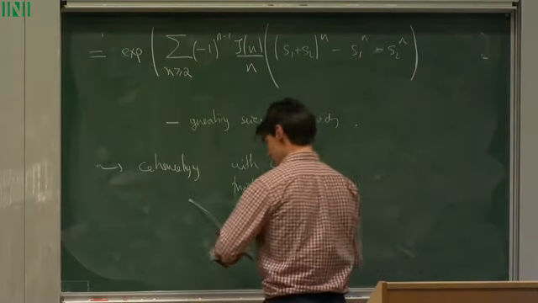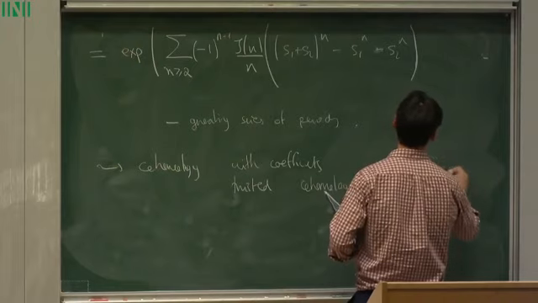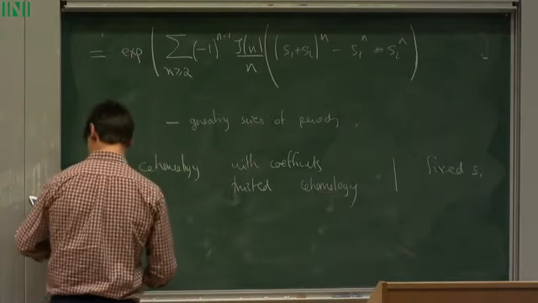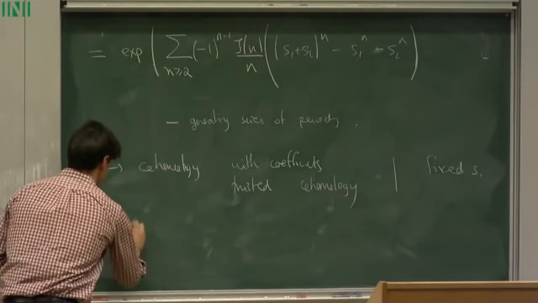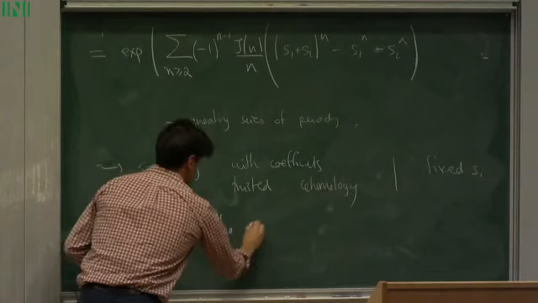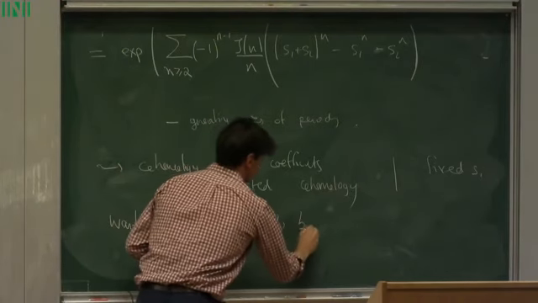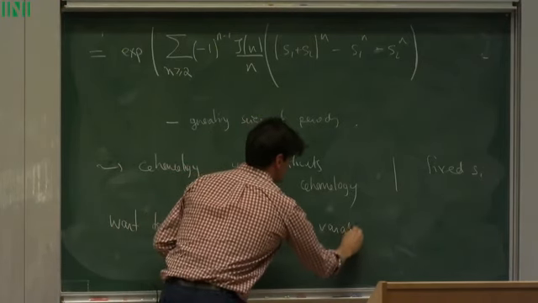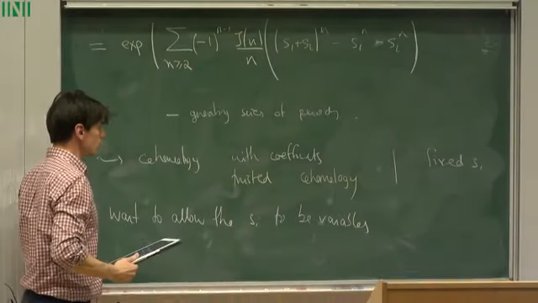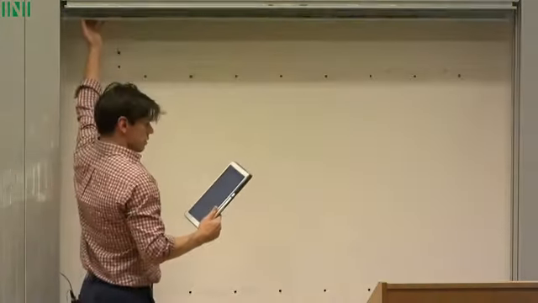But what we really want here is to allow the s_i to move, to be variables. And you want, in particular, to take Taylor expansions.